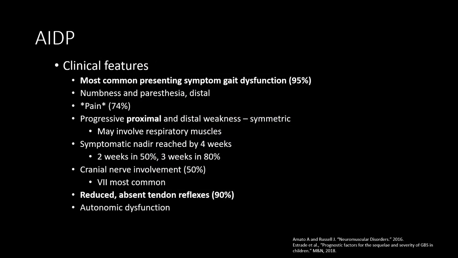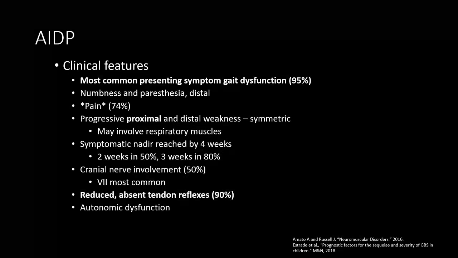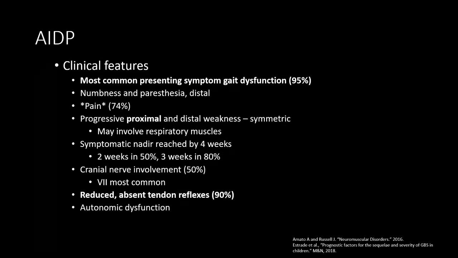Numbness and paresthesia that are distal predominant are common, but significant pain, sometimes the patient's primary complaint, is also very common in childhood GBS, with up to 75% of patients presenting with pain. And they can really be complaining of back pain at presentation, which can confuse the picture and might make you think that you're dealing more with a myelopathy than a peripheral nervous system disorder.